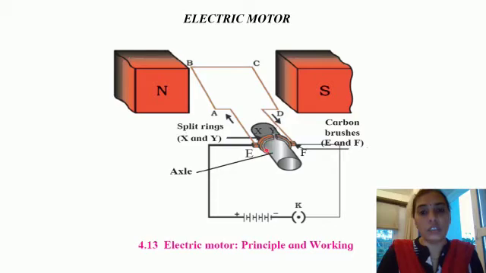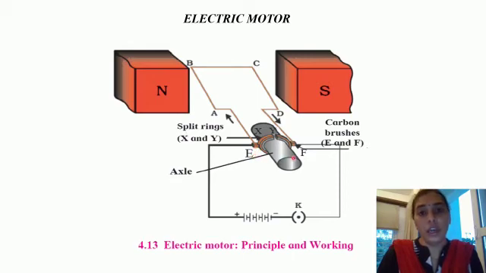These split rings are in turn mounted on this axle. So you have this axle here, and it rotates along with the rectangular loop. So both these split rings are mounted on an axle. The inner side of the split rings is given a resistive coating, whereas the outer side of the split rings is in contact with stationary carbon brushes.